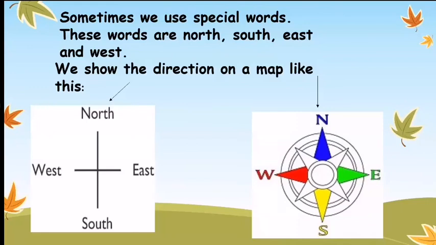Sometimes we use the short forms of these words: N, S, E, W. N for north, S for south, E for east, W for west. North on the top, south downside, east right side, west left side.